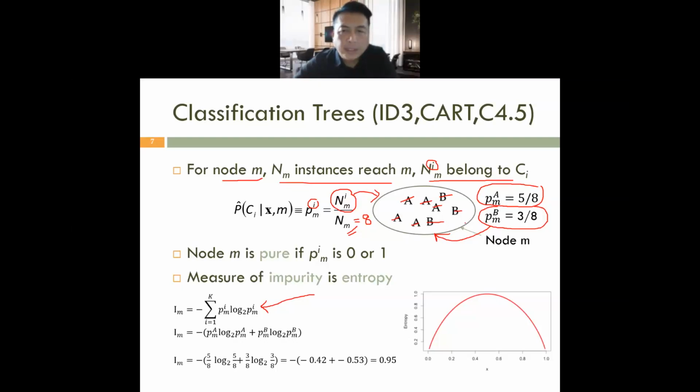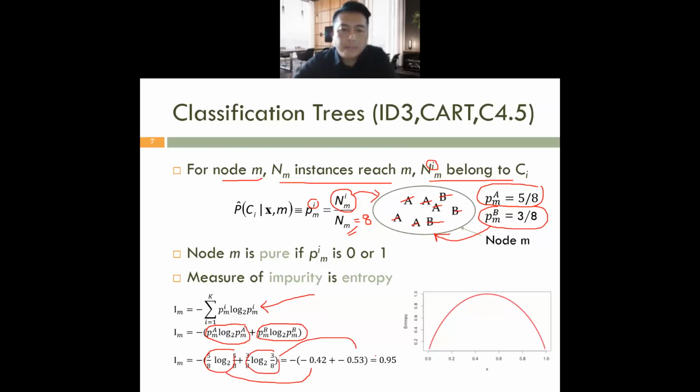For example, here we have 2 classes, so we will have 2 parts: this is for A and this is for B. When we plug in the values, this one turns out to be negative 0.424 and this one is negative 0.53.